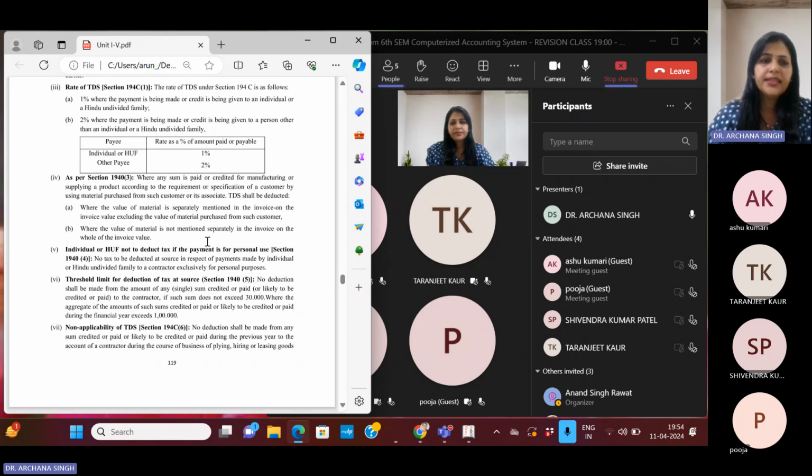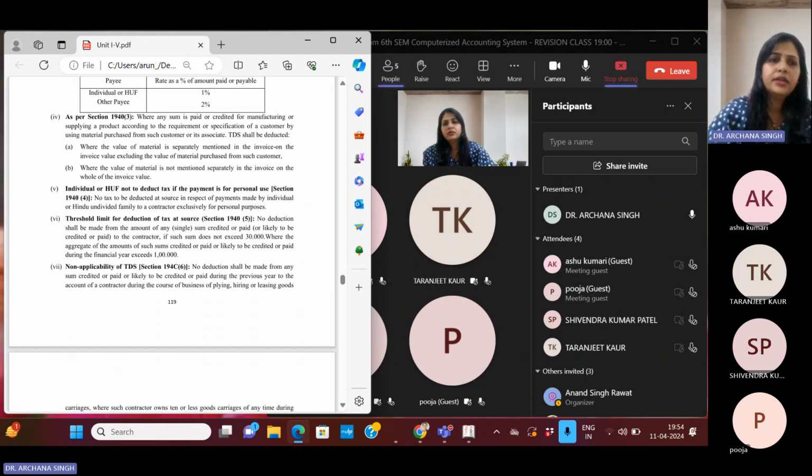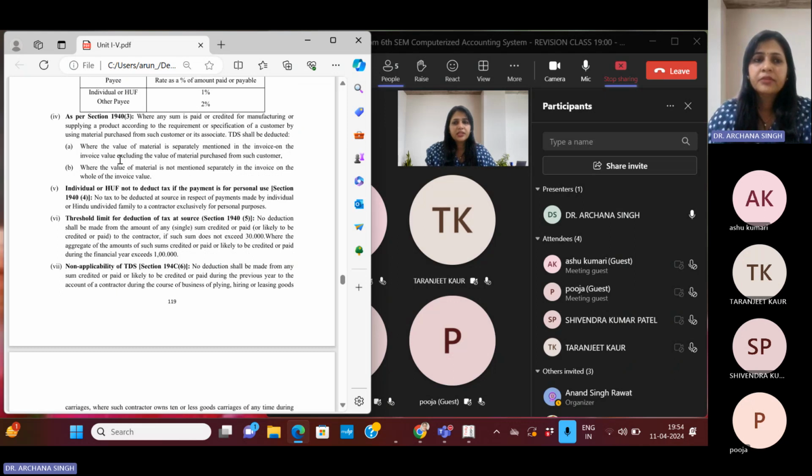Okay, then as per section 194C subsection 3, where any sum is paid or credited for manufacturing or supplying a product according to the requirement or specification of a customer by using material purchased from such customer or its associate, TDS shall be deducted as follows. Where the value of material is separately mentioned in the invoice, TDS is deducted on the invoice value excluding the value of material purchased from such customer.